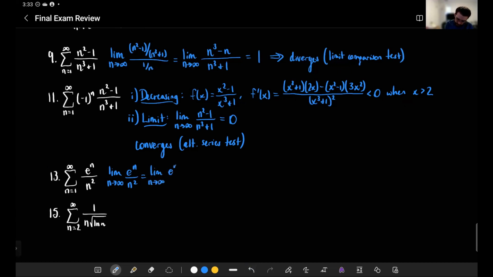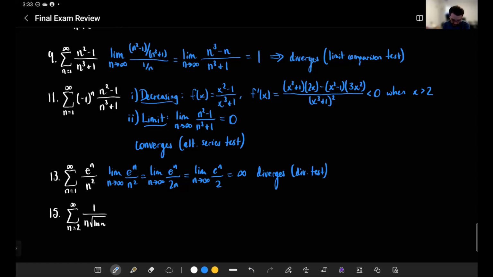Derivative of e to the n is e to the n. Derivative of n squared is 2n. That's still an indeterminate form. So you take another derivative, but e to the n still stays the same, and now that goes to infinity. So the series diverges by the divergence test. That's much quicker than the one before it.